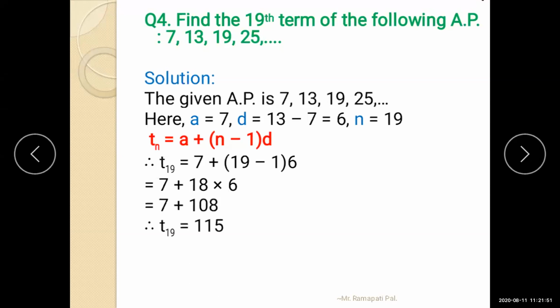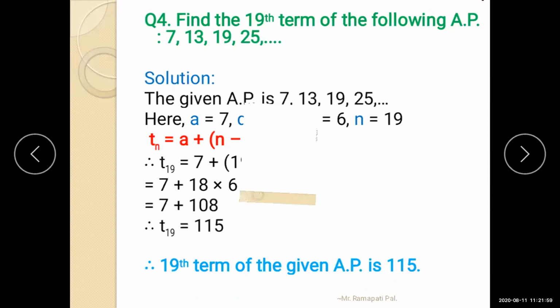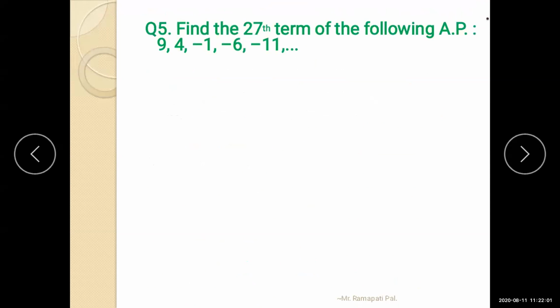Now we are going to do the fifth question of practice set 3.2. Find the 27th term of the following AP: 9, 4, minus 1, minus 6, minus 11, and so on. Okay?